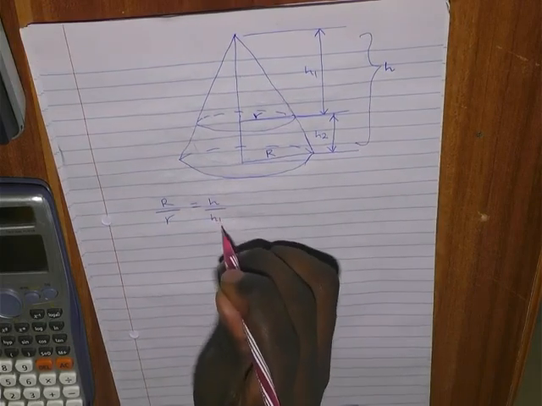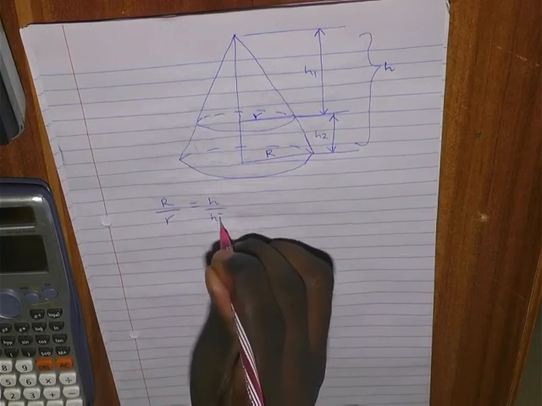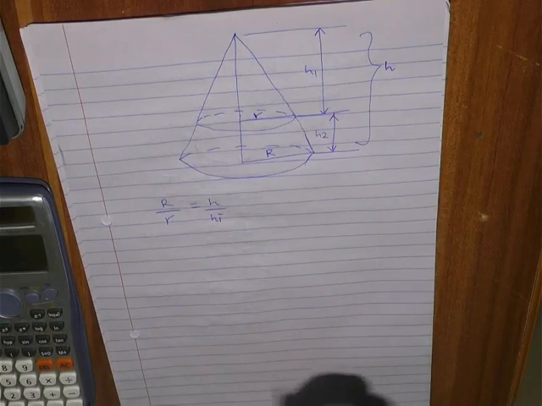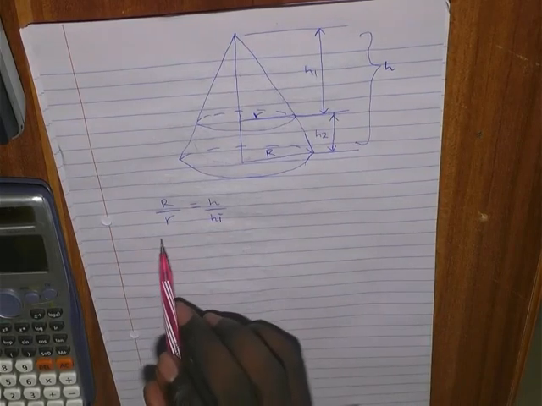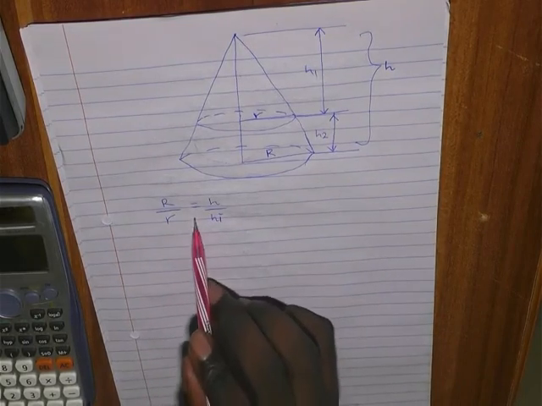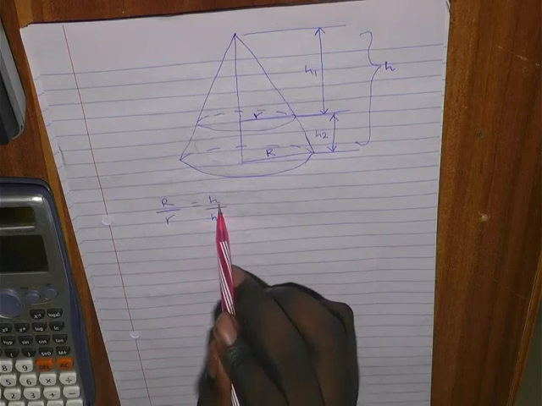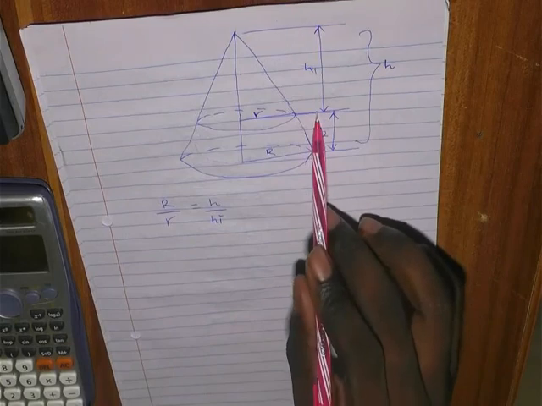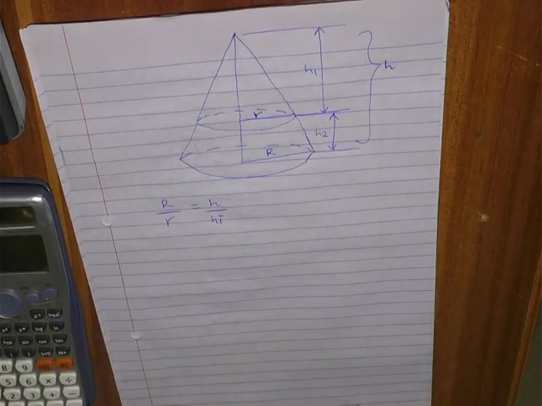So capital R over small r is equivalent to h over h1. H is the whole height here, h1 is this. So let's continue.